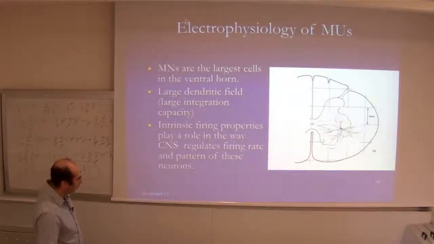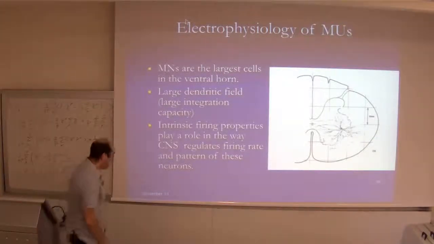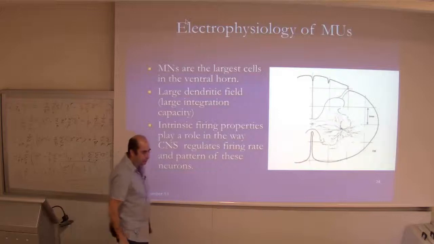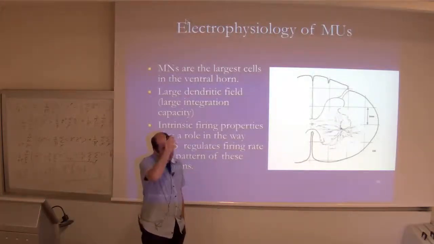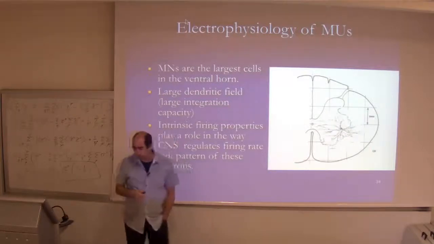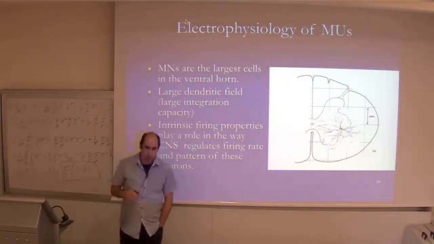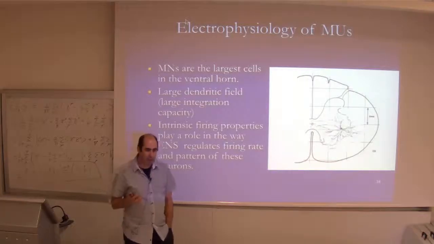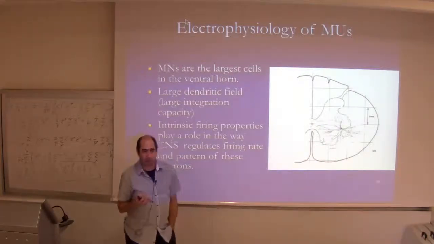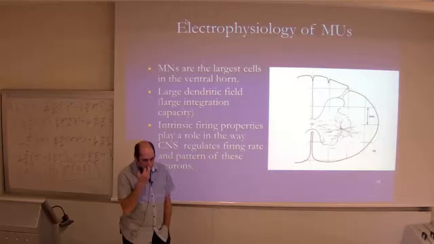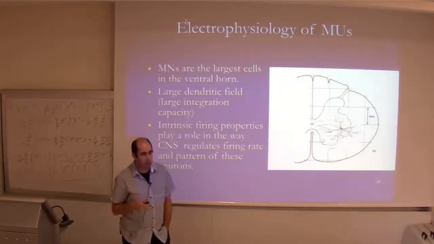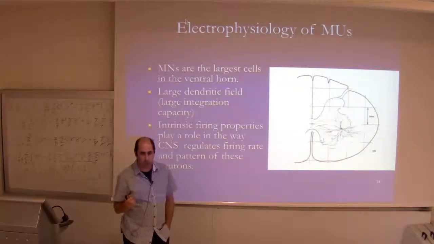And this was one of the reasons that these were the neurons that were studied a lot in terms of electrophysiology. Until the 70s or the beginning of the 80s, the main preparation that people were working on was the spinal cord of cats.